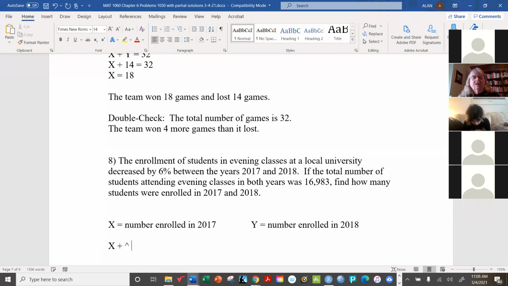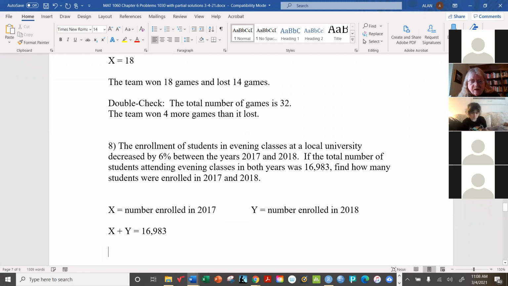The total, according to the problem, is 16,983. But here's the tricky part. The number went down between the 2 years, and it's not by a fixed amount, it's by a percentage.